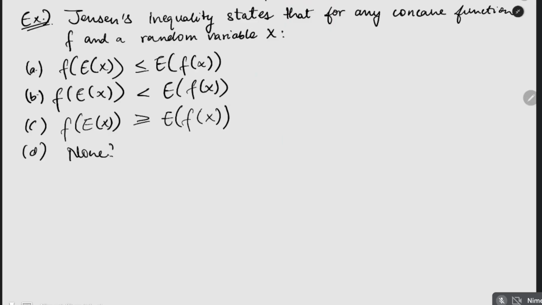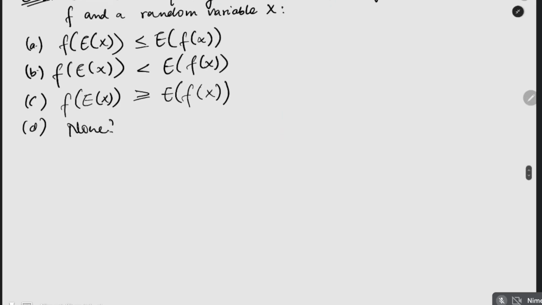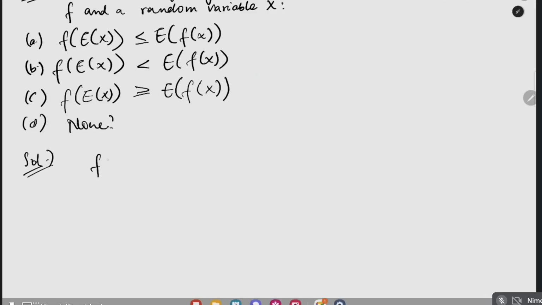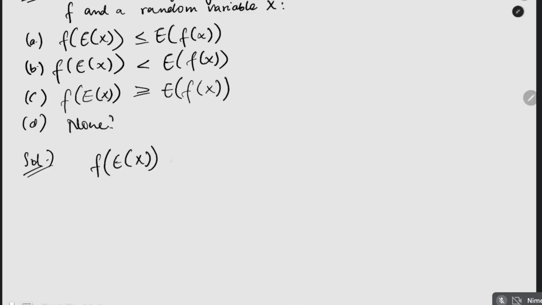So what we can do is prove this by using the statement that f is a convex function.